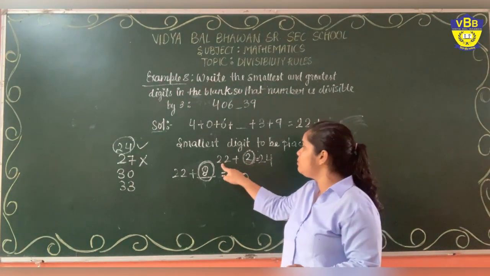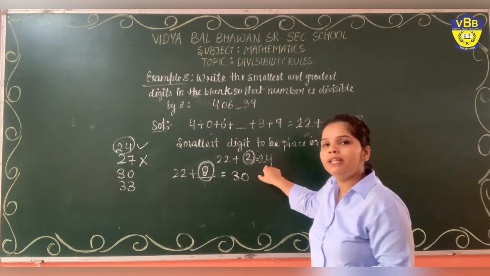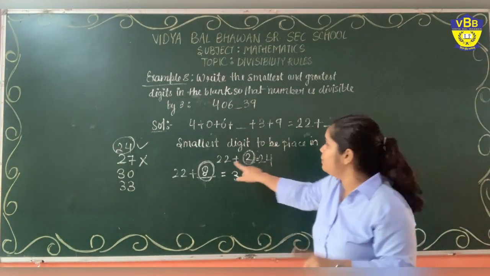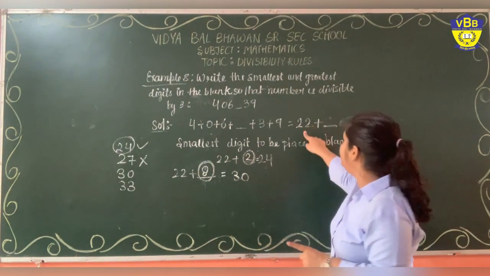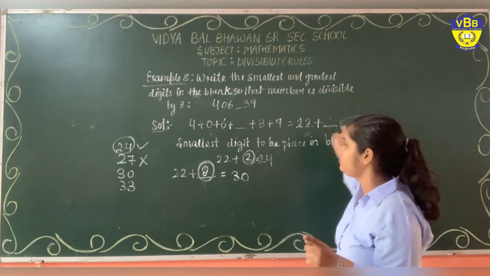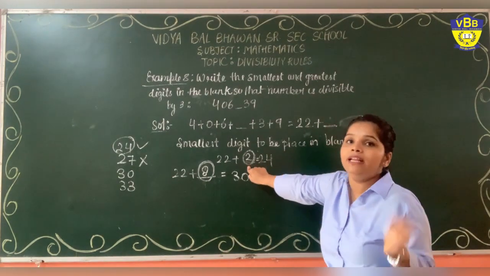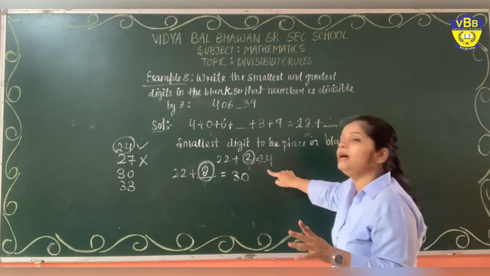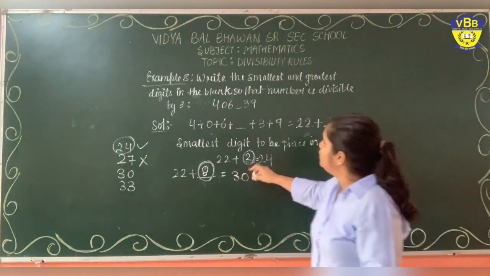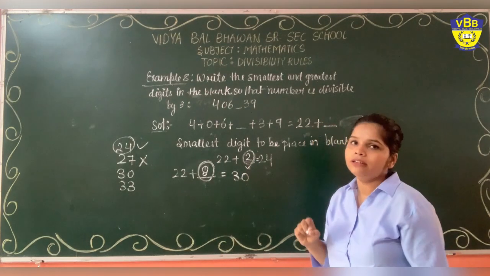If you add 22 plus 0, it is 22 only, which is not divisible by 3. When you add 1, 22 plus 1 becomes 23, which is not divisible by 3. Next, when we add 2, 22 plus 2 becomes 24, which is divisible by 3. So the smallest number to be added is 2.